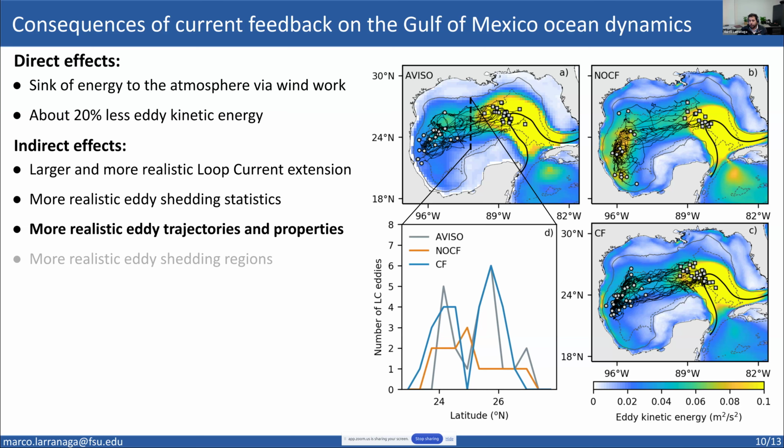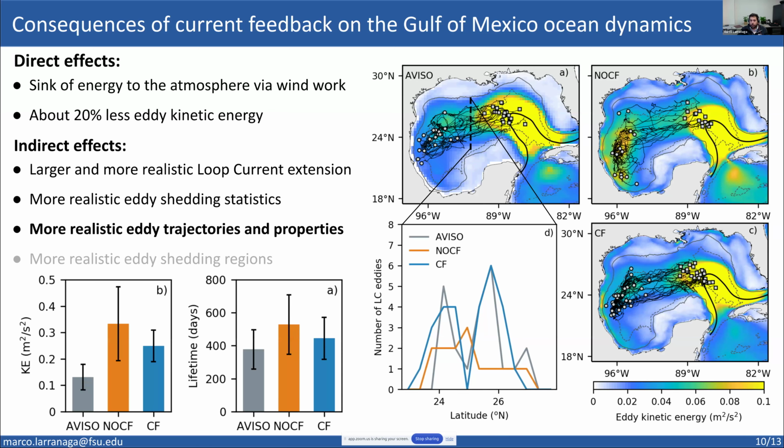In colors, I show you the eddy kinetic energy, and as we can see, we overestimate the eddy kinetic energy in this region in the no current feedback experiment. It seems to be related to the occurrence of loop current eddies. So to dig into that, what we did was compute the average kinetic energy of the separated eddies, as well as their lifetime.